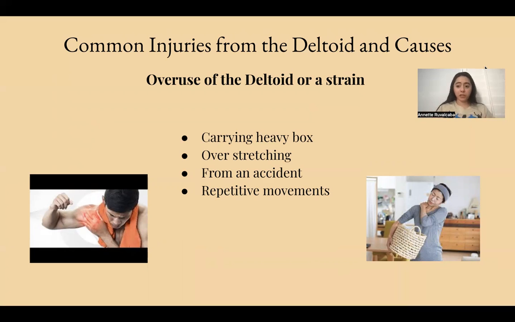And then overstretching, like I mentioned, it is good to stretch. However, we do need to be careful of not overstretching it. That way we don't cause any injuries. It can also be due to an accident that can cause injury to the deltoid and also repetitive movements.